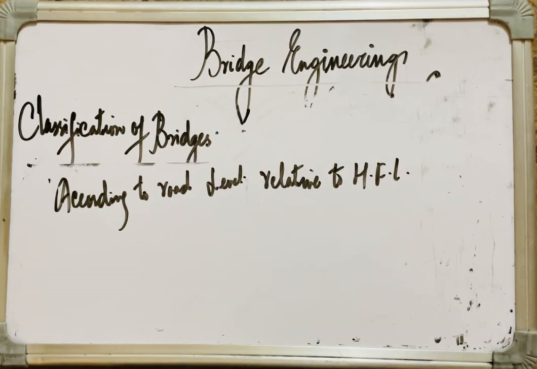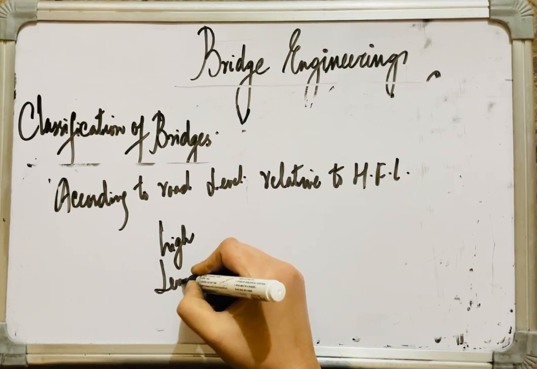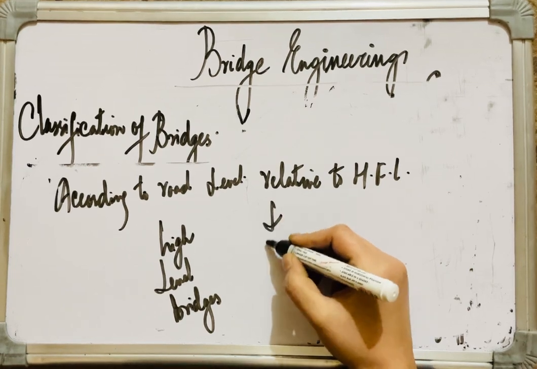According to the road level related to the highest flood level of the river below, we have highway bridges as high level bridges or submersible bridges. So we have high level bridges and we have submersible bridges.